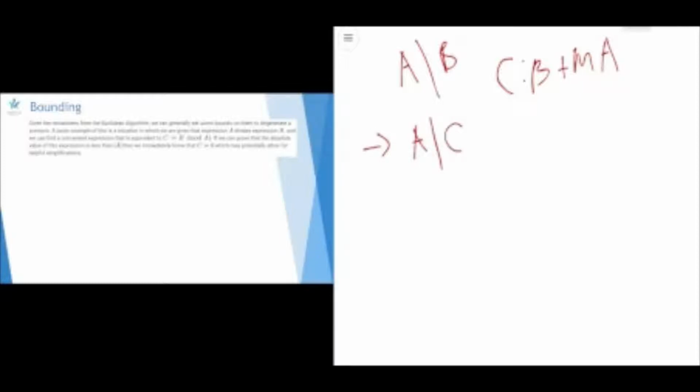Now, if we manage to bound all these factors of C and prove that the absolute value of C is less than the absolute value of A, then we know that C is just equal to 0, right? Because the only way a number can divide a number with absolute value less than it is if that number is 0.